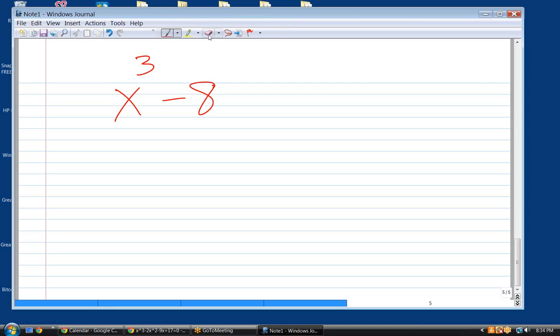Okay, so the problem here is to factor it or say that it can't be factored, and if it can't be factored, solve it anyway.